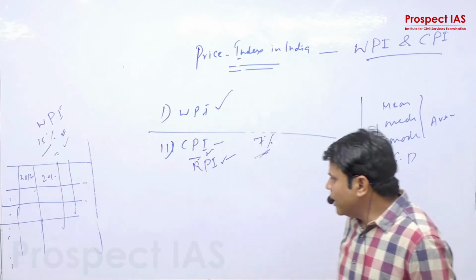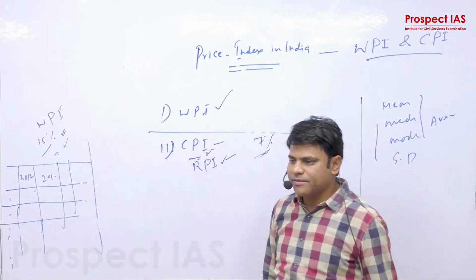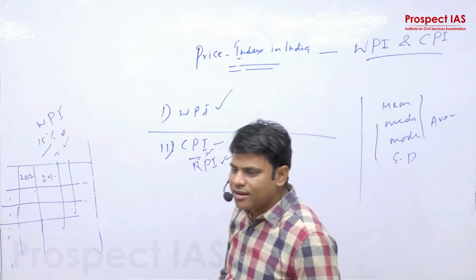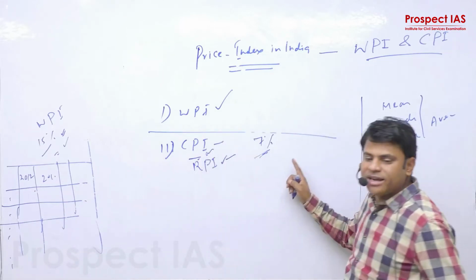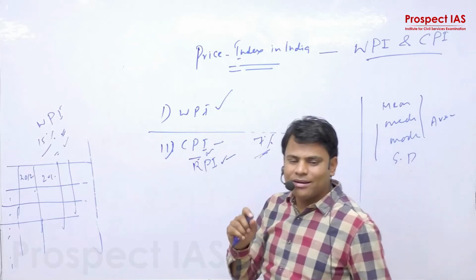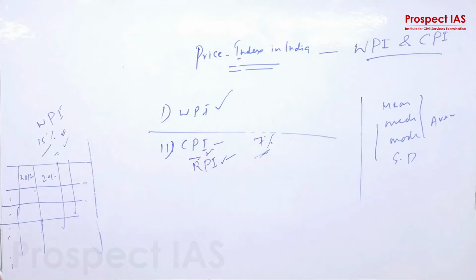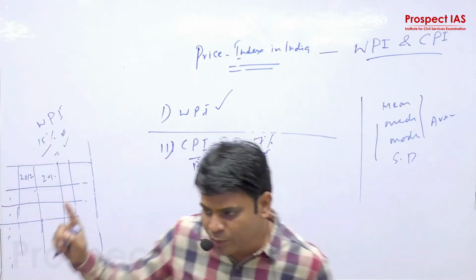We are impacted more by CPI based inflation than by WPI based inflation, because we basically make purchase in the retail market, not in the wholesale market, and that's the reason we are impacted more by CPI based inflation. But which segment of society is impacted by WPI based inflation?